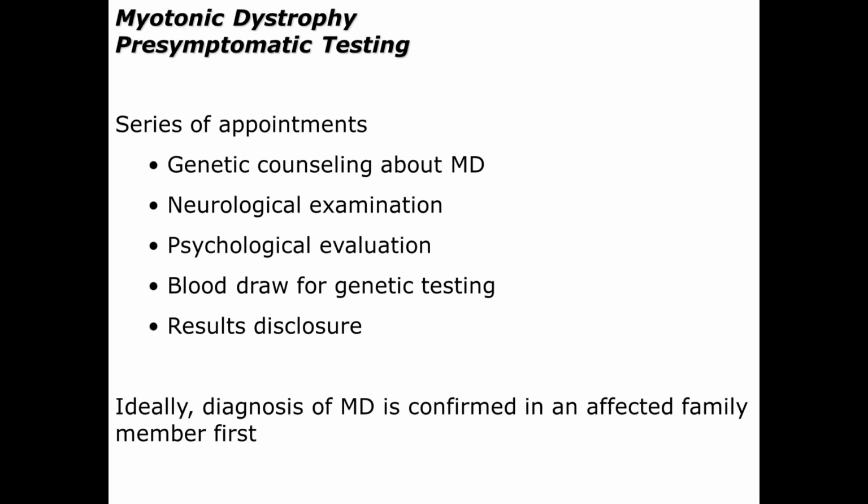So one possibility of testing in order to change the outcome for the next generation is what we call pre-implantation genetic diagnosis through in vitro fertilization. That is when a couple will go through in vitro fertilization, where the egg and sperm are combined outside of the body.